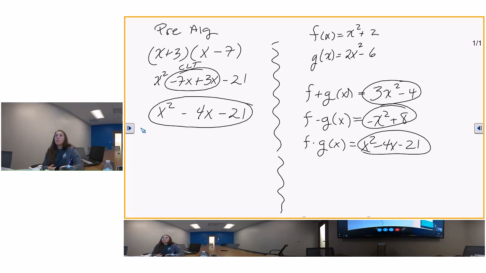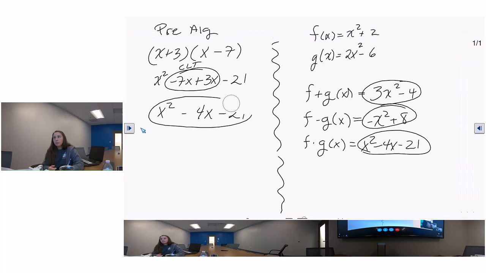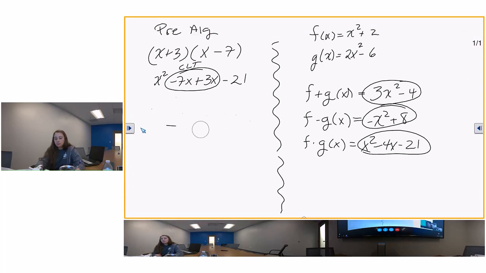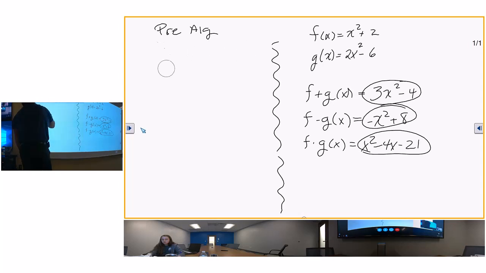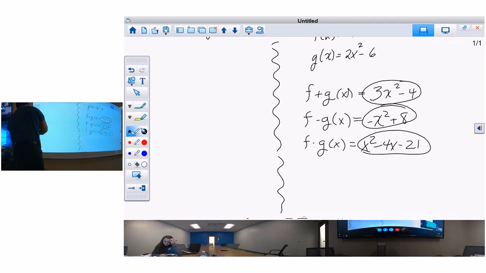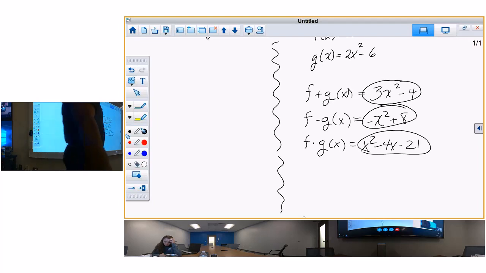F divided by g of x. Now remember, there's two or three types of division. There's factor division, single term division, long division, and I don't even go over synthetic division because it's restricted. You can't use it all the time. They only teach it to you in high school because they don't want to teach you long division.